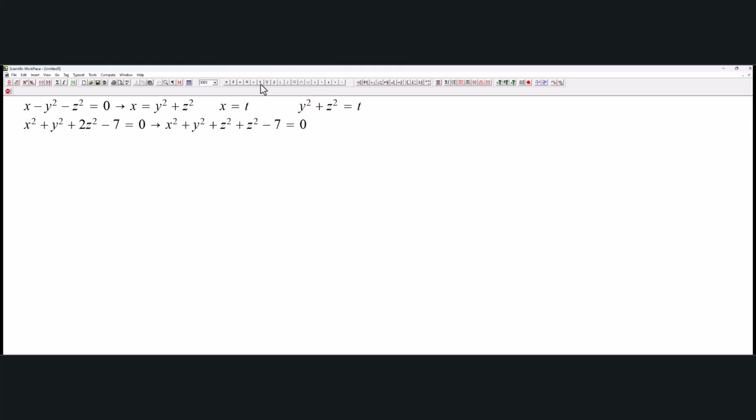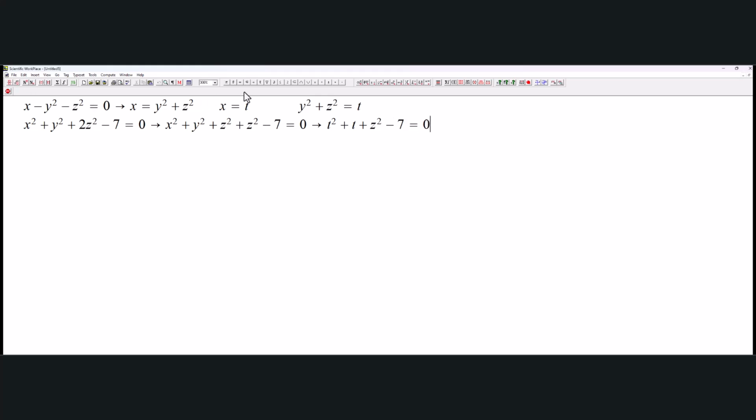And now what happens is that y square plus z square is t, and we know x is already t. So these substitutions are going to yield for us x square will be t square, and then again this y square plus z square would be t, and then we would have z square, and that minus 7 equals 0.